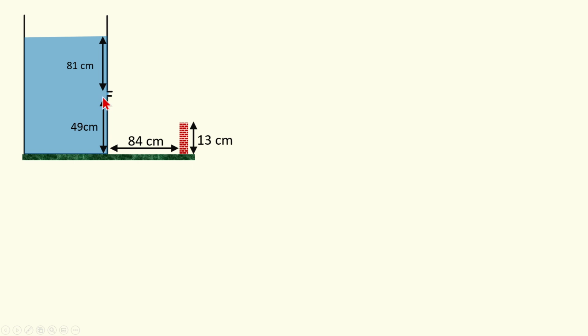Because there will be no water above the orifice, so it will not leak, right? So for that part, we can use the formula time equal to constant K into root h1 minus root h2. So initial height was 81 centimeter and the final height from the orifice level will become 0, right? So the value of K is 2, right? So this value is 2.